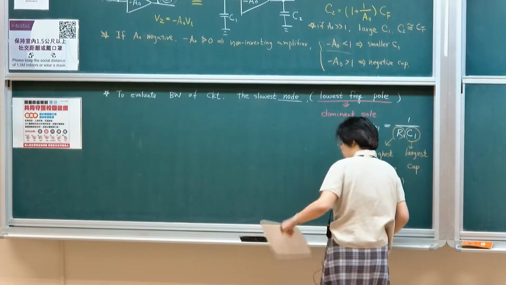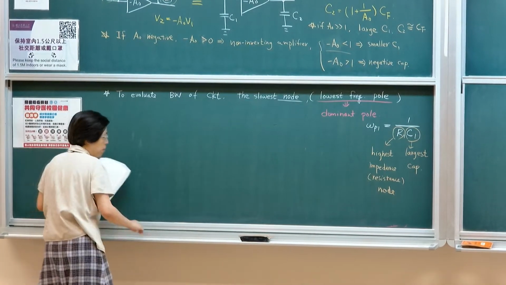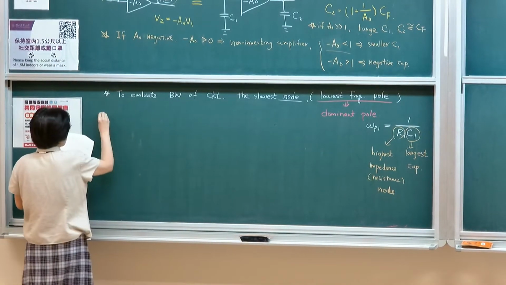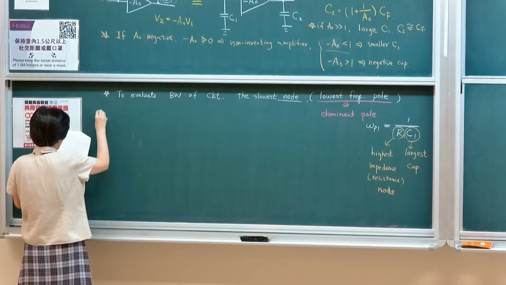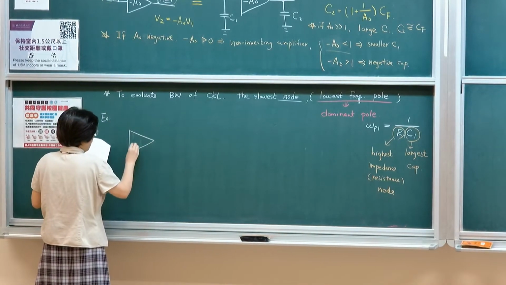So let's go through an example so you get a sense of how one analyzes a circuit that experiences the Miller effect. These are typical problems you need to be able to answer.